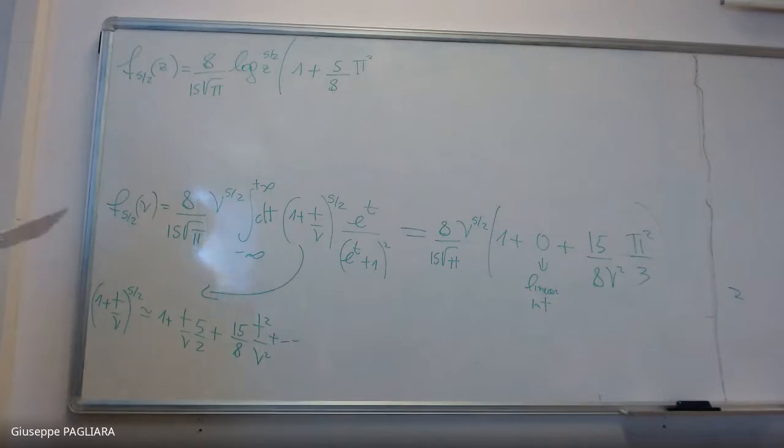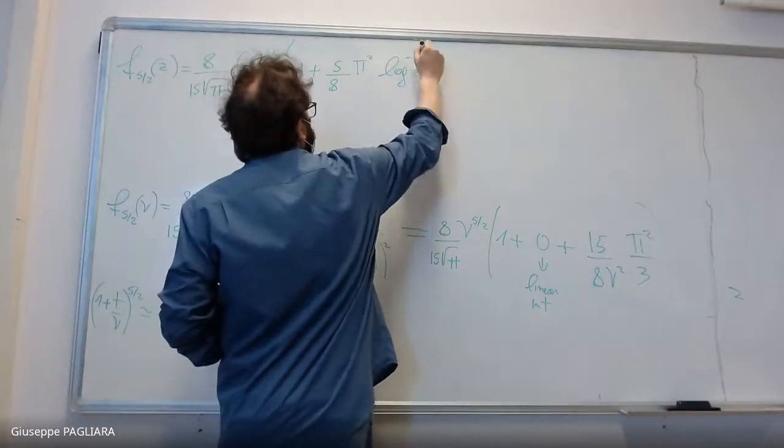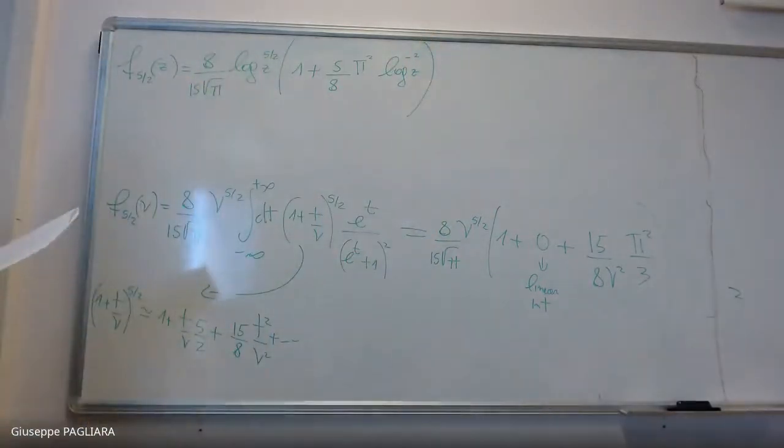So 5 eighths pi squared log of z to the minus 2. Let me see if this is correct. This here is 5 halves, 1 is the correction, 5 eighths pi squared.